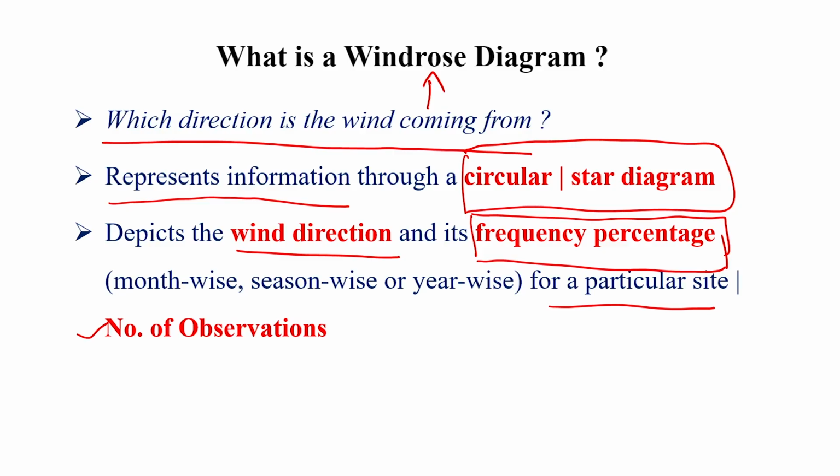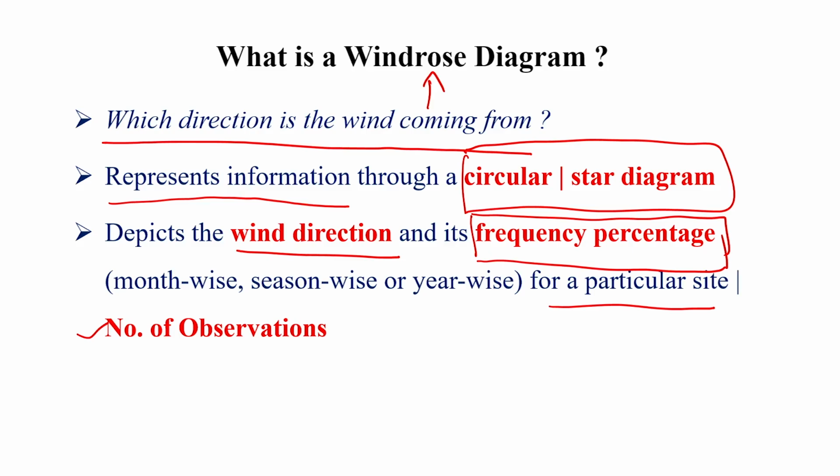So, I will just re-clarify to you. A Windrose diagram represents from which direction the wind is coming, that is one thing, and the diagram looks like a circular or a star diagram. You get the wind direction from the Windrose diagram, that is one thing that you get, and then there is a way in which we try to understand the duration part.